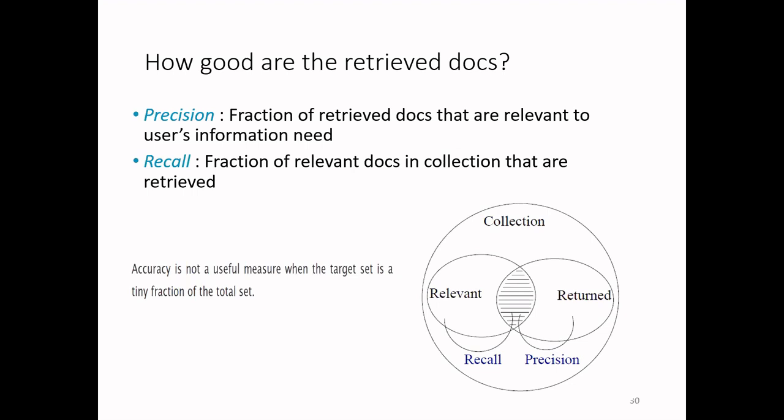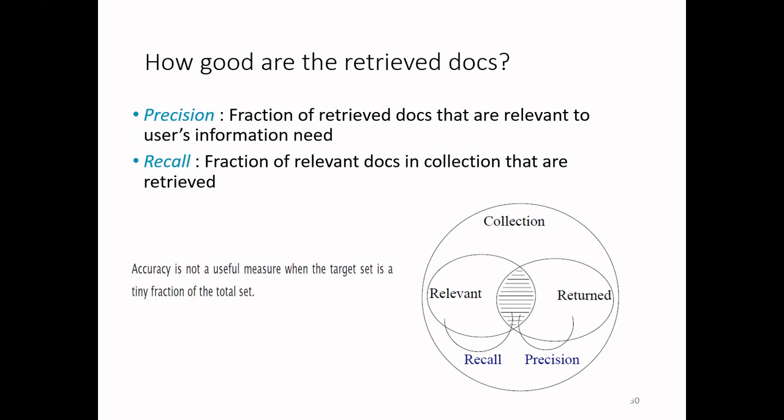Now, one might ask, okay, so we have a collection, we gave a query, and we got a certain number of documents that came out as a result of our query. All right. Now, as you have experience with Google search or any other search that you might have used, everything that comes out as a result of your query is not necessarily relevant, not necessarily what you were looking for. All right. So basically what people do is people define two characteristics of any information retrieval process.